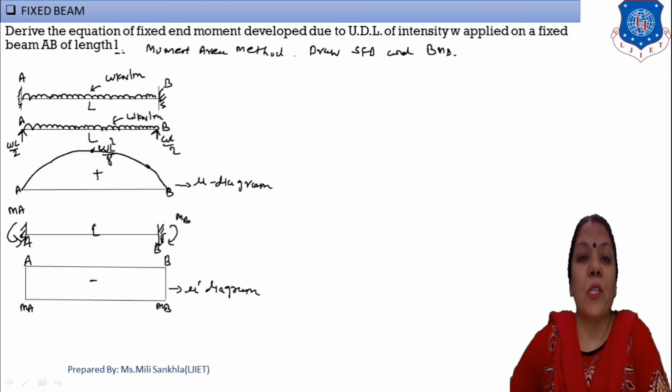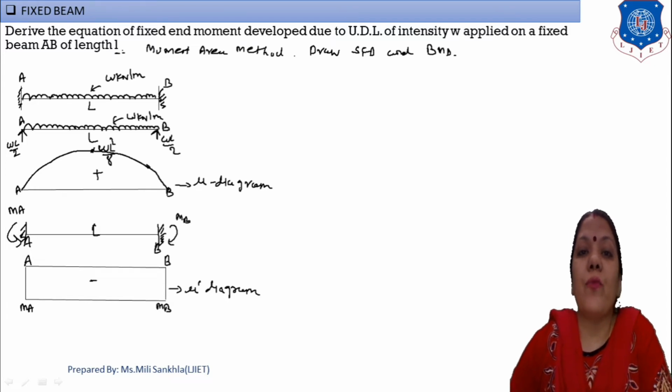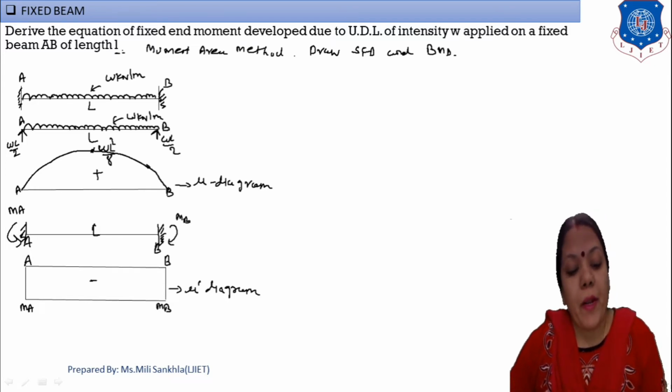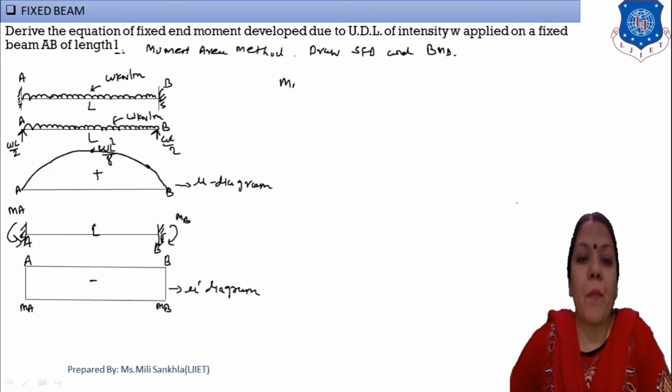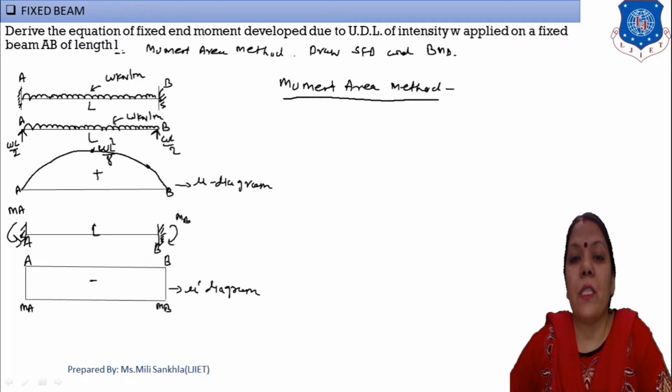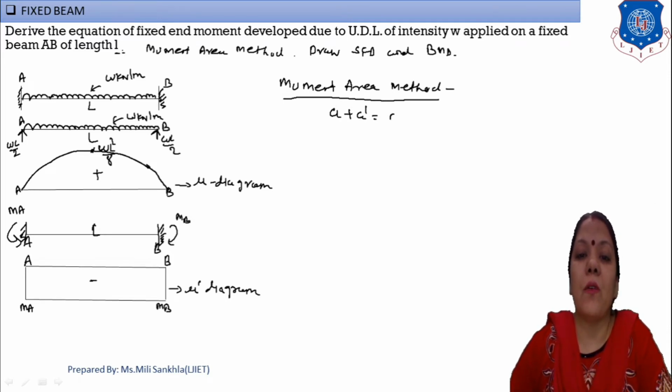Now here we solve the derivation. First of all, write down the moment area method as the heading, because we solve this derivation with the moment area method. For symmetrical loading, our equation is A plus A dash is equal to 0.